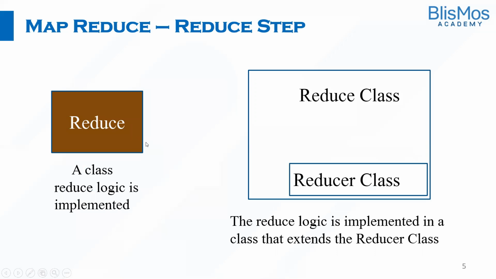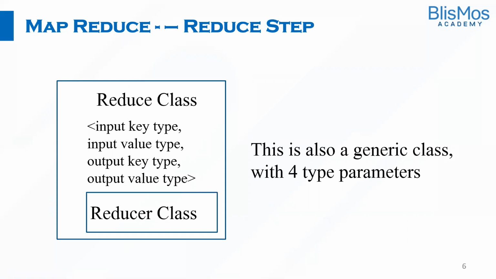Coming to the reduce, in the reducer phase, reducer logic is implemented in a class that extends the Reducer class. Again, that would have 4 type parameters. One is input key type, the second is input value type, the third is output key type, and the fourth is output value type. Why are we stressing all these things?